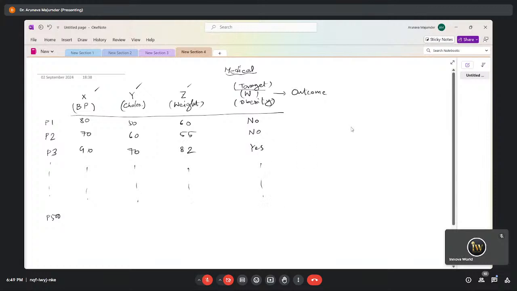So we have to identify the target. Now what is our target variable? Our target variable is W, obesity. Look at the type of the variable. The type of the variable is binary here, only yes or no, that is, only 0 and 1 types of outcomes are there. So this type of problem is called a classification problem.